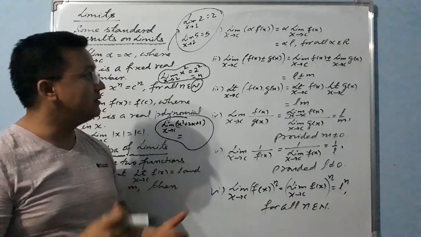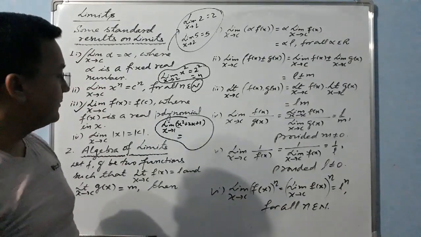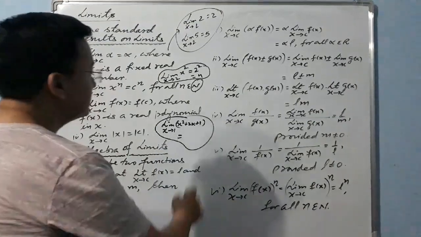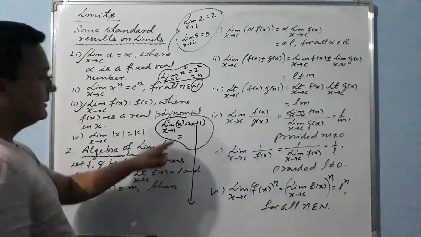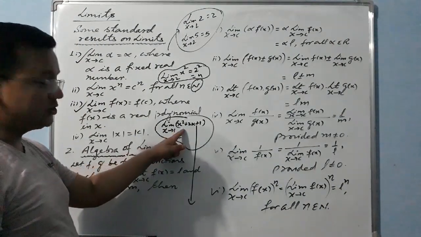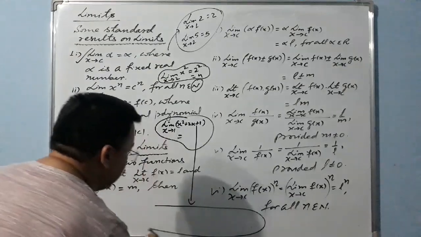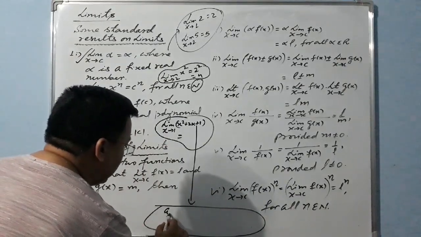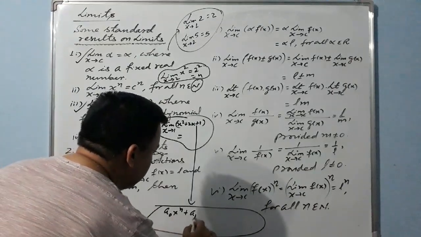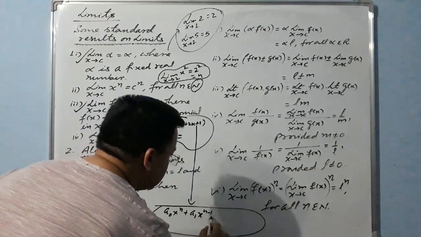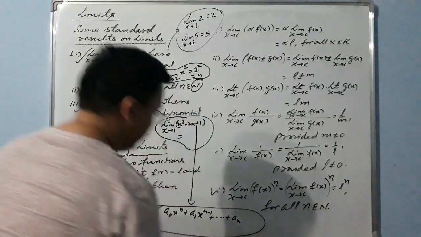What is the definition of a polynomial? It may be confusing if you don't know it. A polynomial is an expression in this form: a0 x raised to power n plus a1 x raised to power n minus 1 plus dot dot dot plus an.